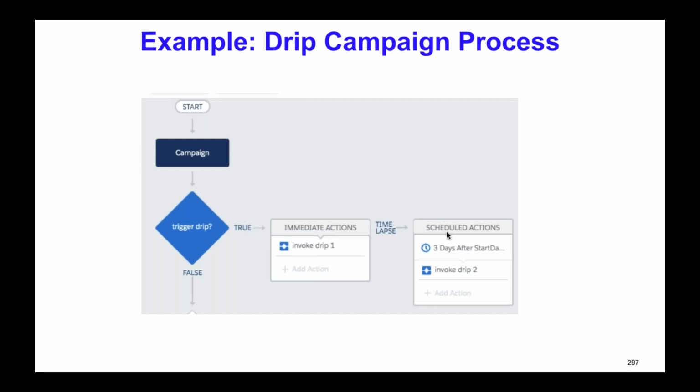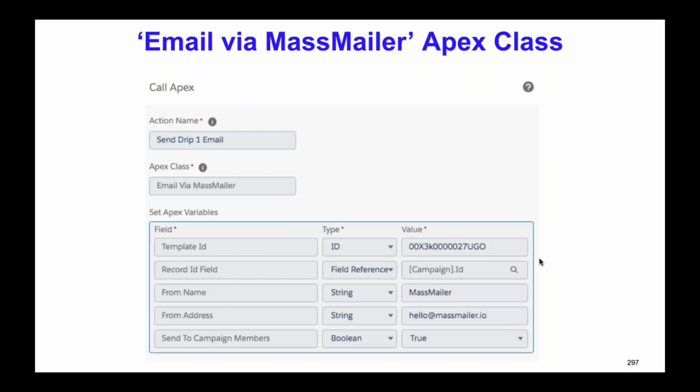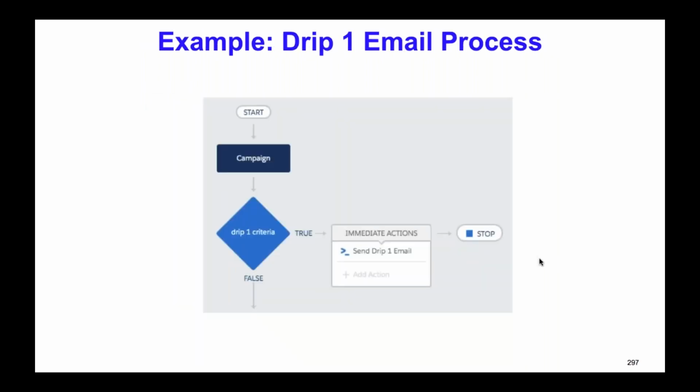And then if you want to look at how drip one would look, again, we're going to invoke it on the campaign. You will have certain criteria on drip one, meaning making sure that the campaign is still in progress or something like that, and then you're going to invoke drip one.